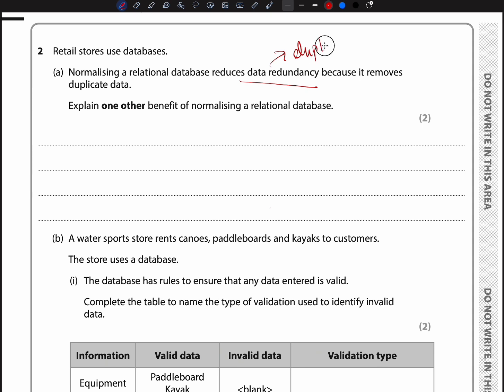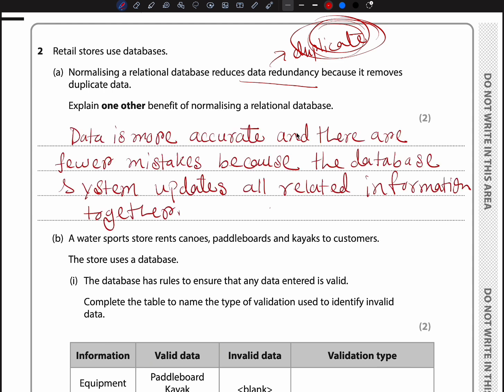So if there is no duplicate data, that means the data will be more consistent, that means more accurate, and it makes the database have fewer mistakes because the database system updates all related information together. So the answer will be: data is more accurate and there are fewer mistakes because the database system updates all related information together.